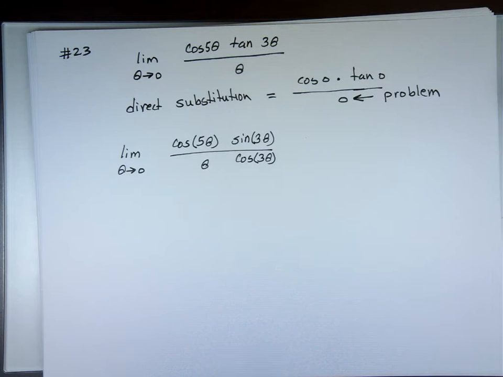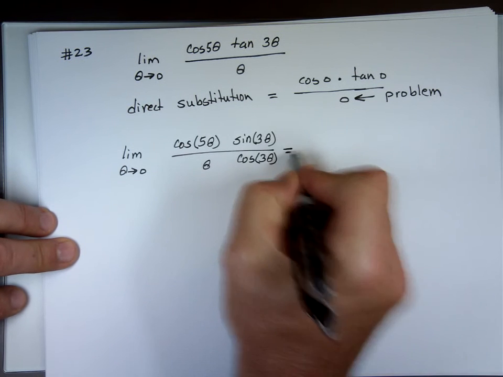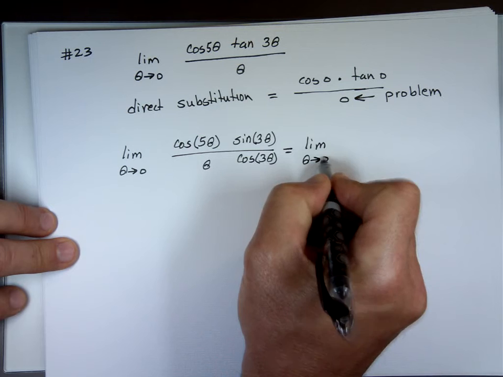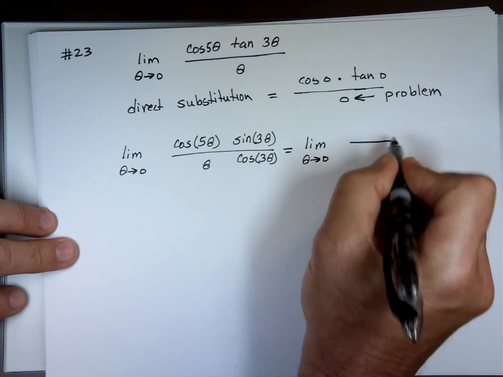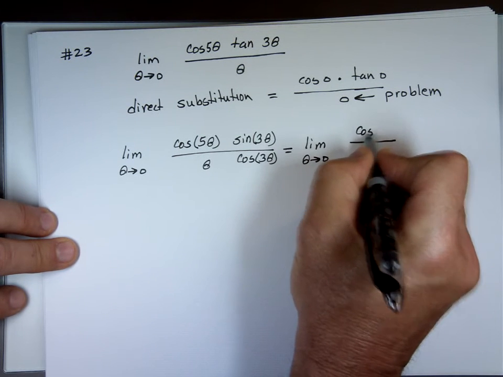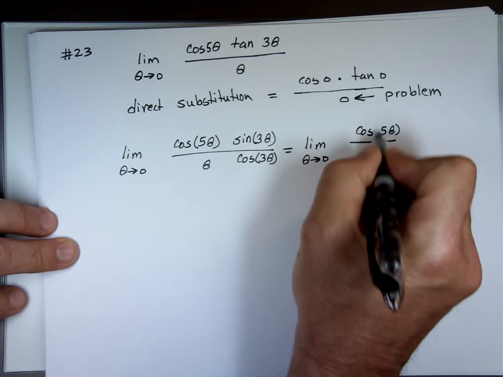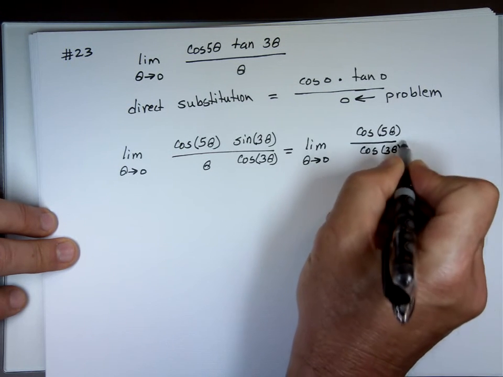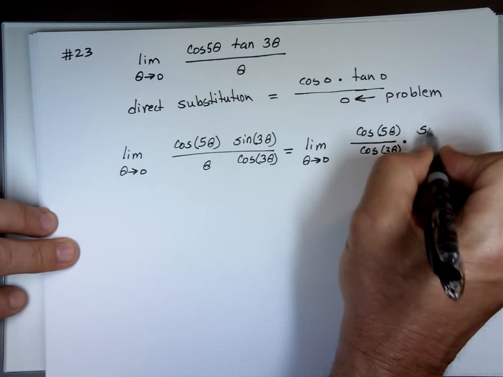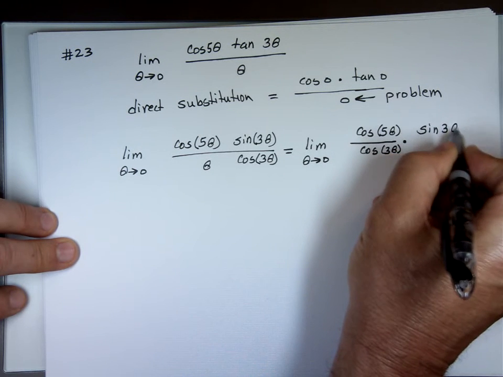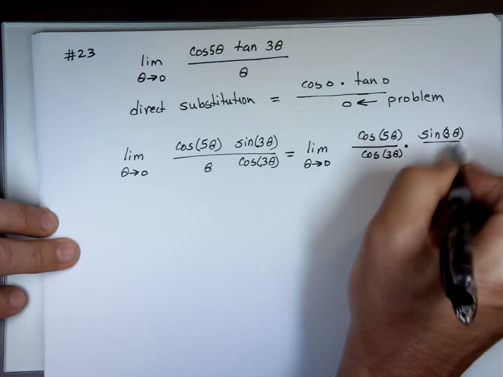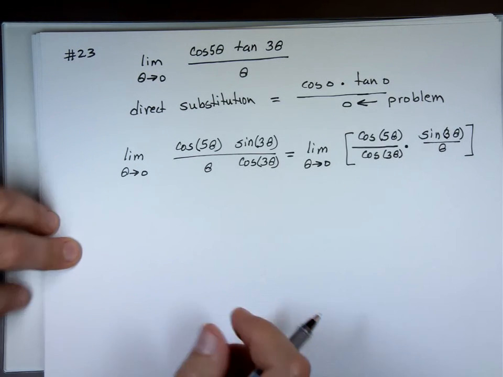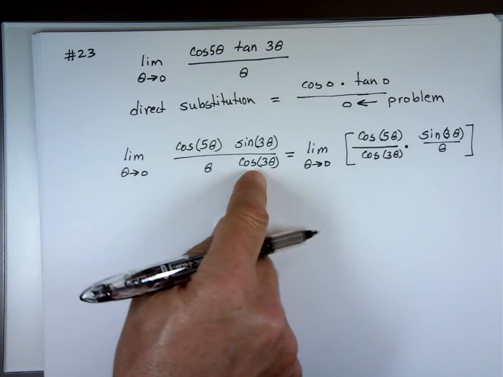Let me reshuffle that. Let me write that cosine 5 theta over cosine 3 theta times sine 3 theta over theta. Like this. Doesn't matter which one you write first. I put this over that and this over this.